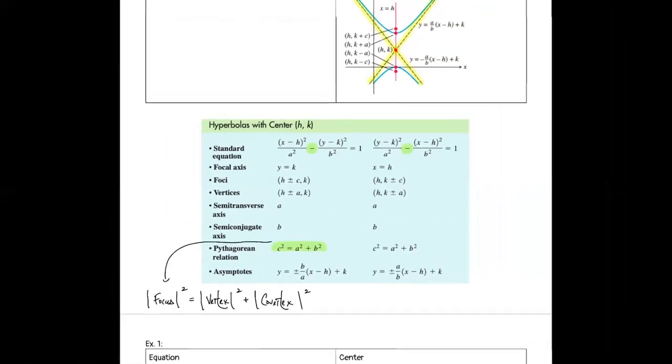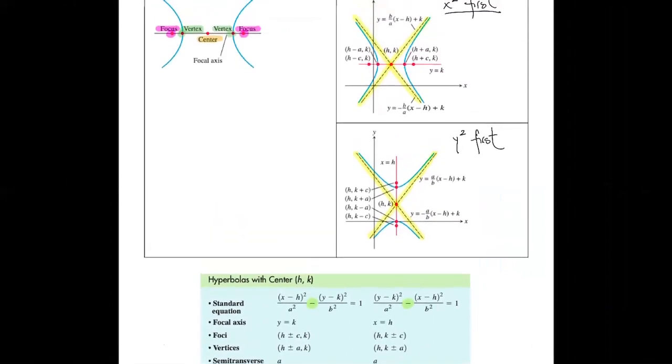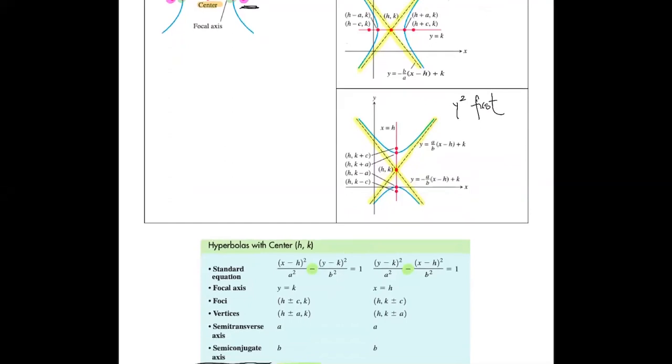Now, the reason why it's c squared equals, or the focus squared equals, is because this time the focus has a greater distance from the center than the vertex does. So the focus is the longest distance along that major axis, okay? And in fact, we don't call it a major axis, we call it a semi-transverse axis, okay?